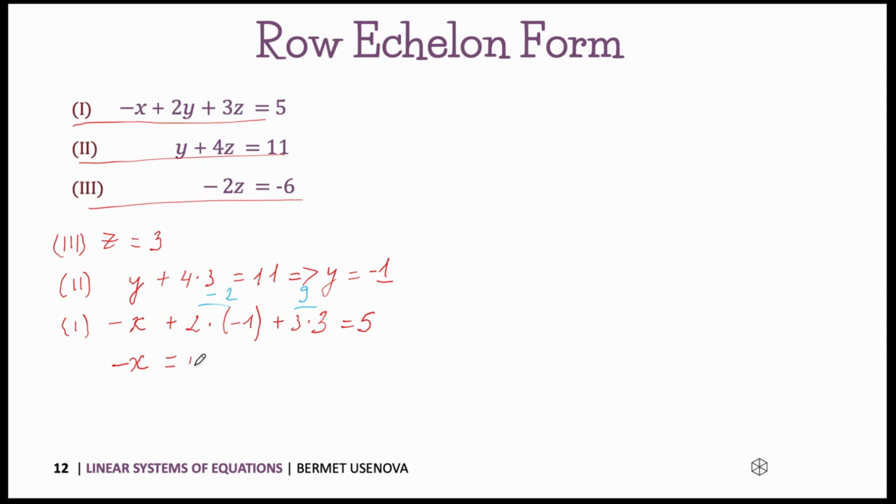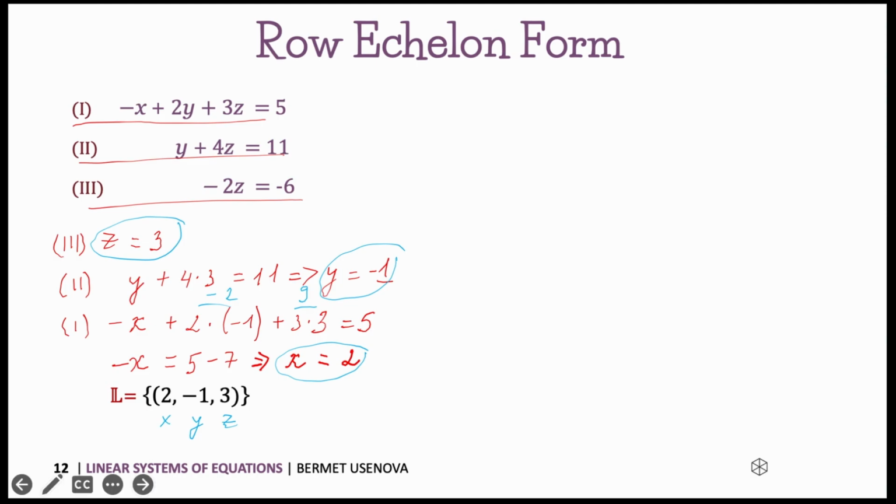And in the end, x will be equal to 2. So the solution set for this system will be x, y, and z. So this is clear. This method, when you solve it backwards, is called the back substitution method.